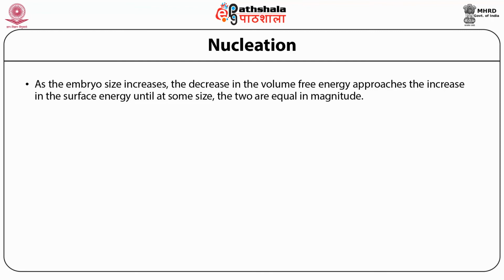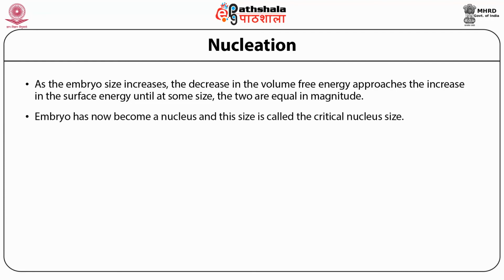This size of the embryo is the critical size because further addition of a single formula unit results in a net decrease in the free energy and the embryo is now stable. The embryo has now become a nucleus and this size is called the critical nucleus size. This critical nucleus size can be derived as follows.